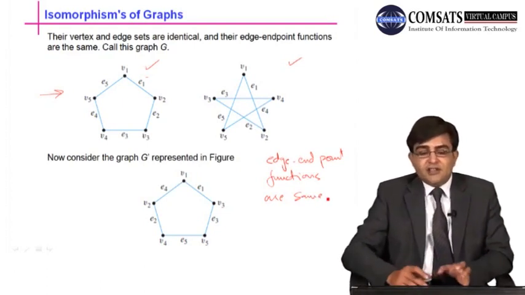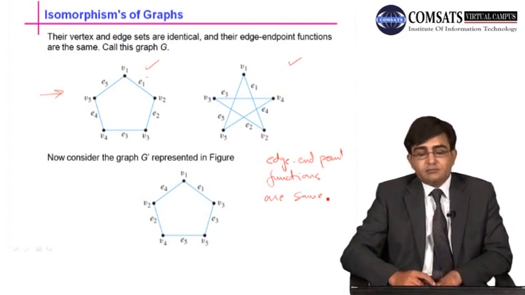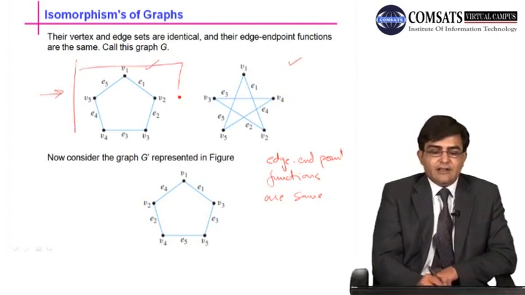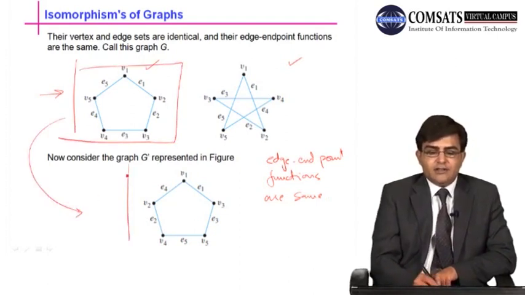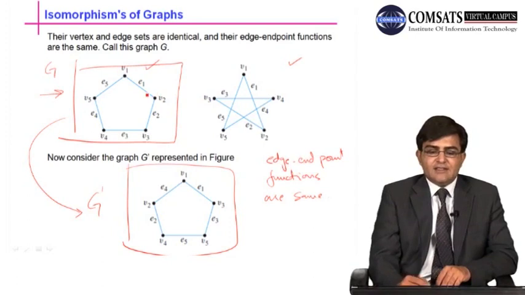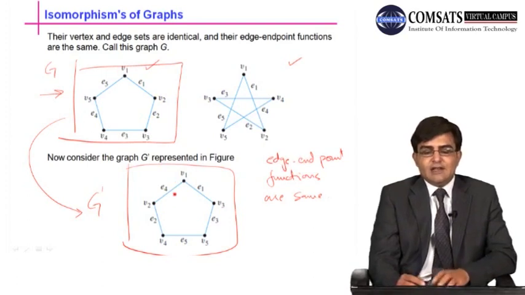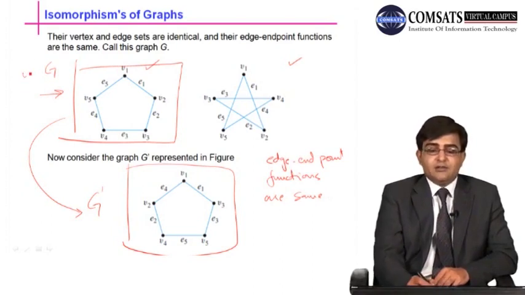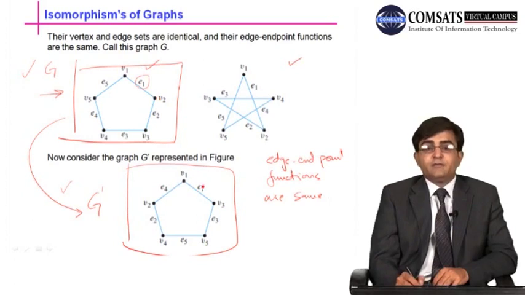So we can do it by changing the labeling of the graph. But suppose we consider this graph as one graph, and another graph, this one we call G dash, and this we call G. You can see that both these graphs have the same form, but the positions of the vertices have been changed here. Basically these two graphs are different, because you can see here that the edge E1 has endpoints V1 and V2. Here edge E1 has endpoints V1 and V3.